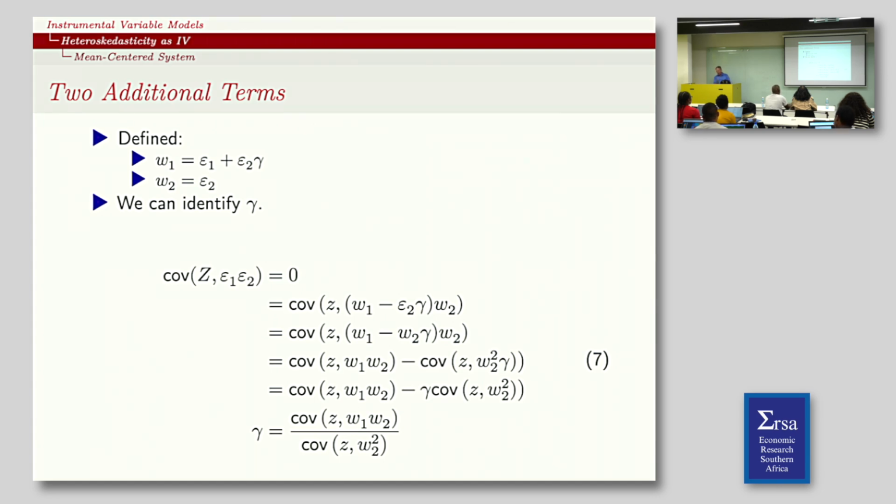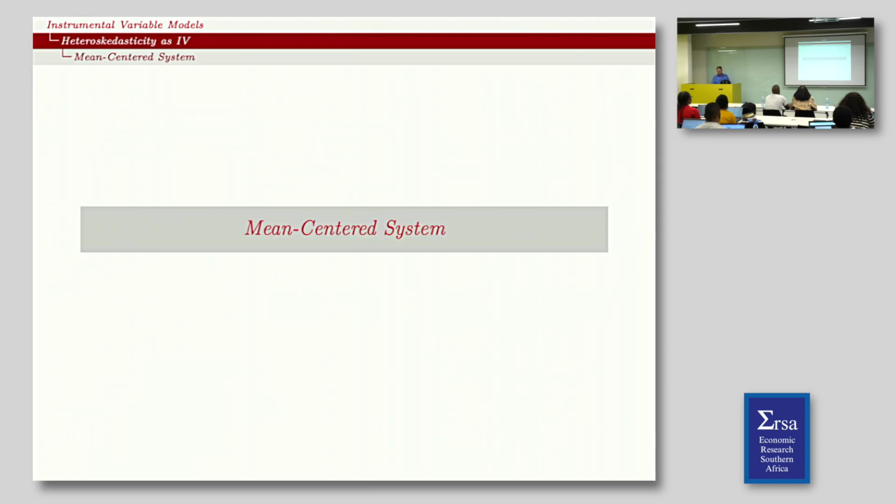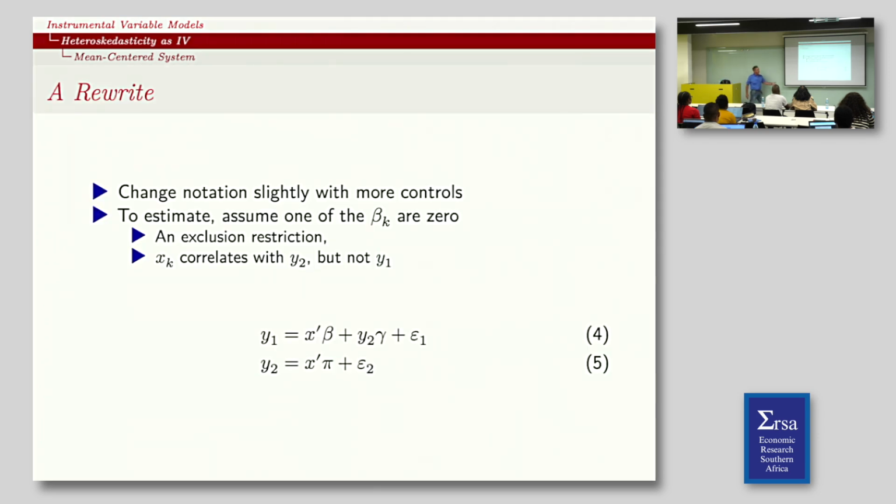But once I have gamma and I have pi, right, because gamma is the parameter on the endogenous variable. So I've got the first stage, I've got this parameter on the endogenous term. I get the betas by essentially subtracting this estimate from here and estimating a revised regression.